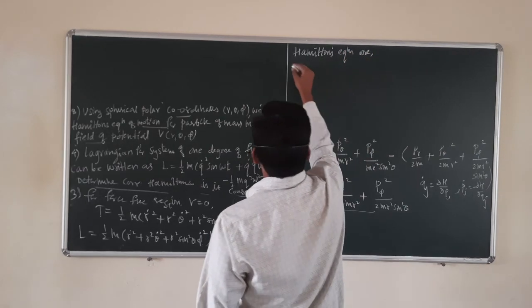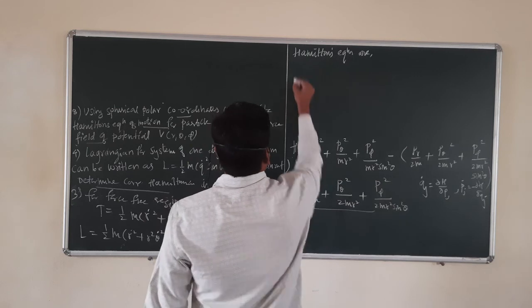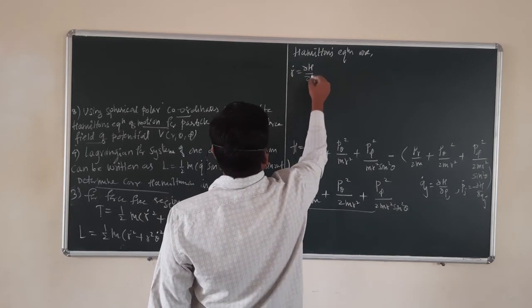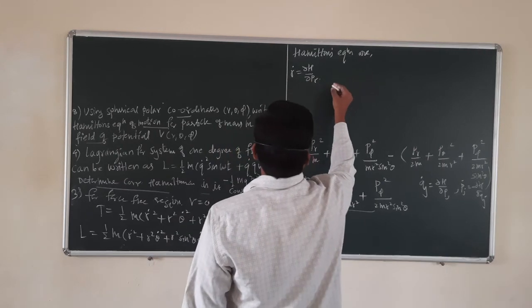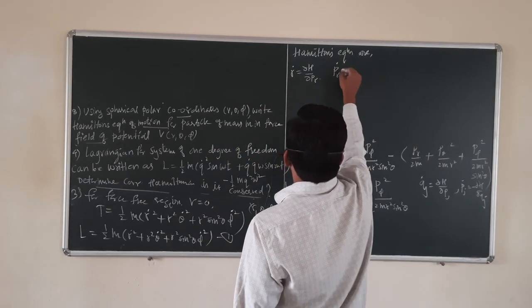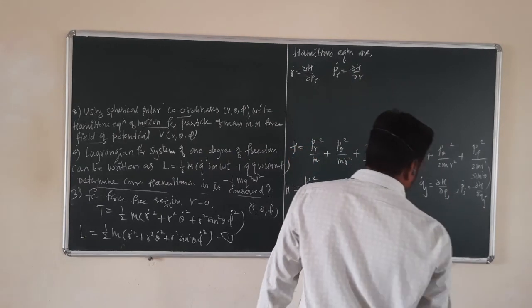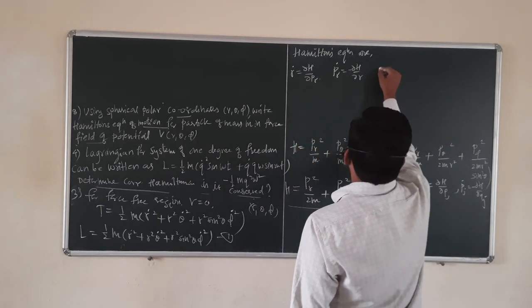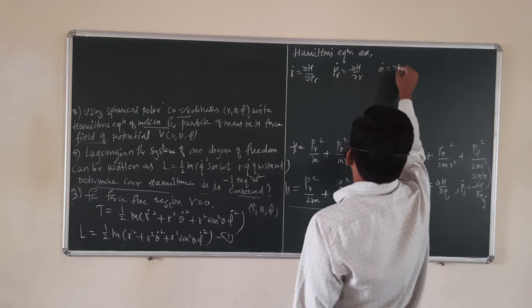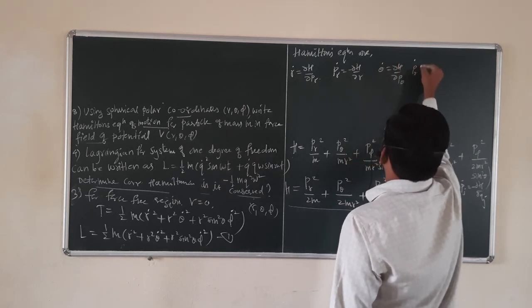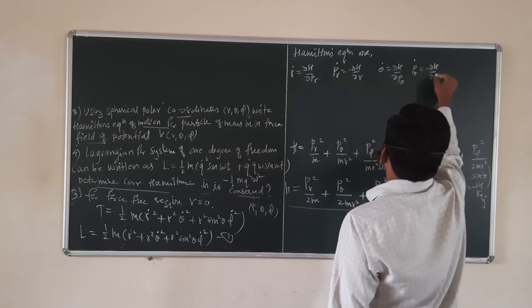First of all, the first one is for r dot. So r dot is partial H by partial Pr, then Pr dot is minus partial H by partial r. For theta dot, we have theta dot is partial H by partial P theta, and P theta dot is minus partial H by partial theta.